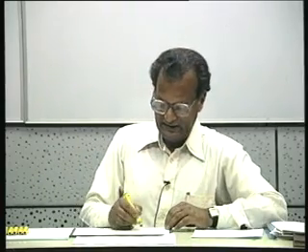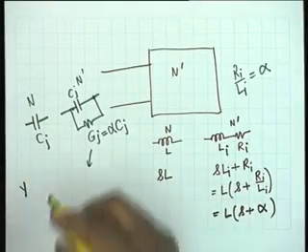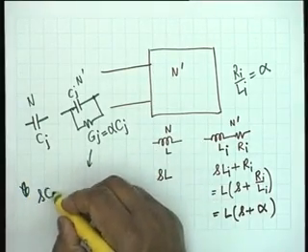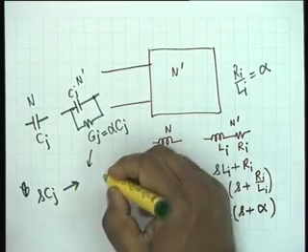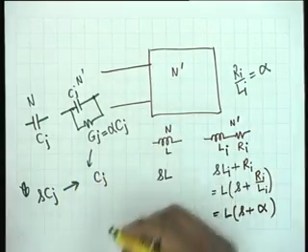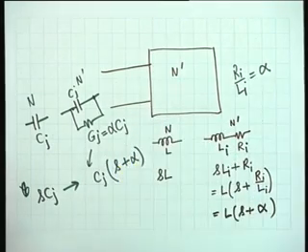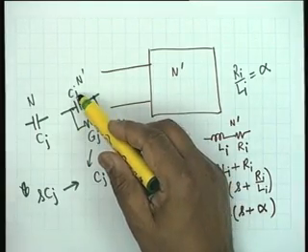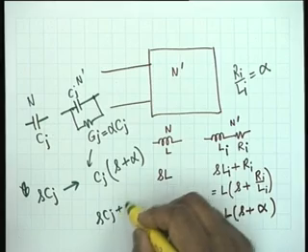We can do that. Now the admittance of this capacitor, which was SCj, now becomes SCj plus Gj.